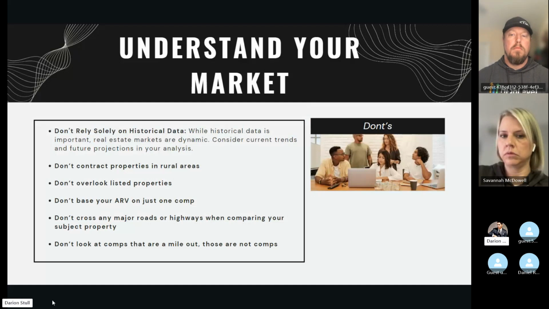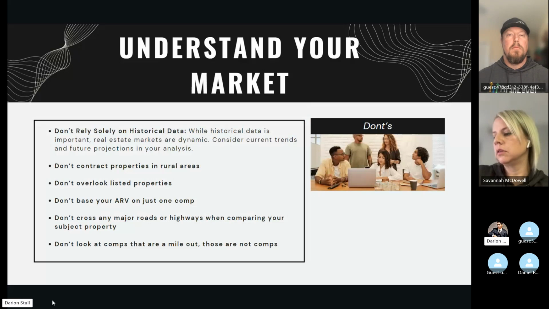Unless I'm not getting any really good comp data, then I will go out to 365. But the numbers that I'm seeing there, I take with a grain of salt. I take it into consideration. Typically, if I'm looking at, let's say, 4 properties that come in around 270 to 280, a safe assumption would be 275 for the ARV.